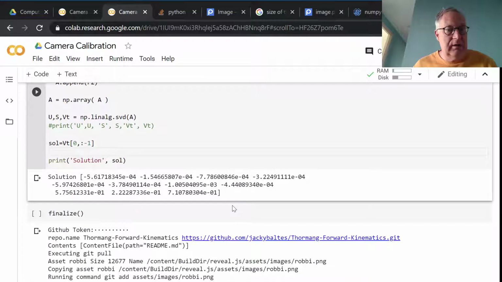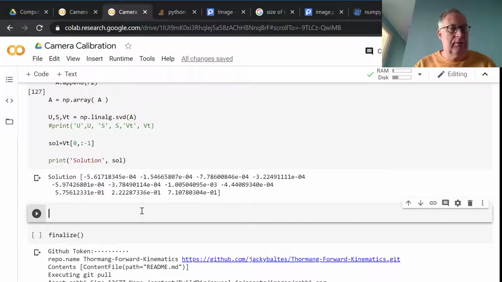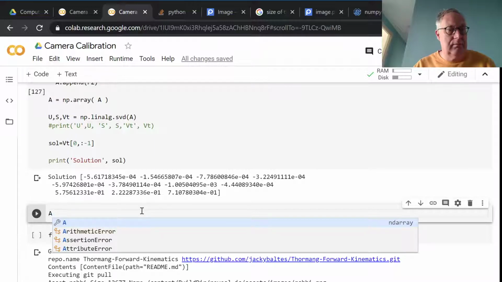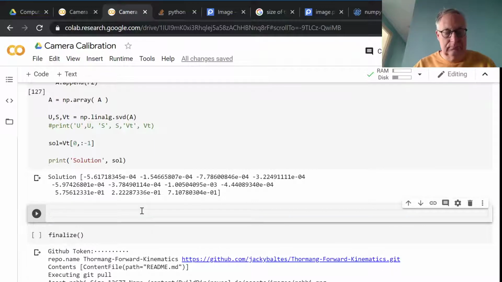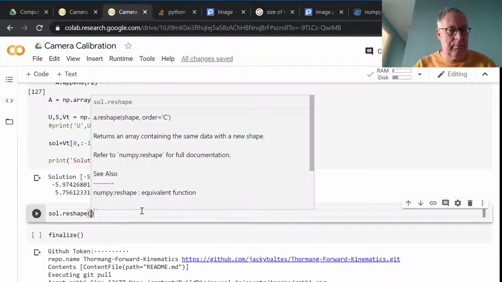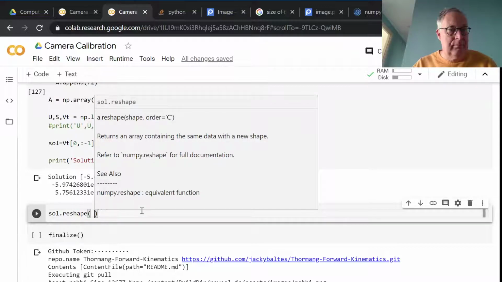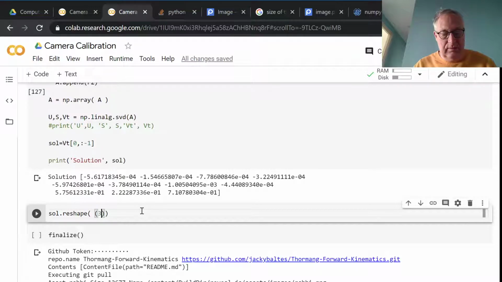So now let's see what we get. So I need 3 rows with 4 columns.